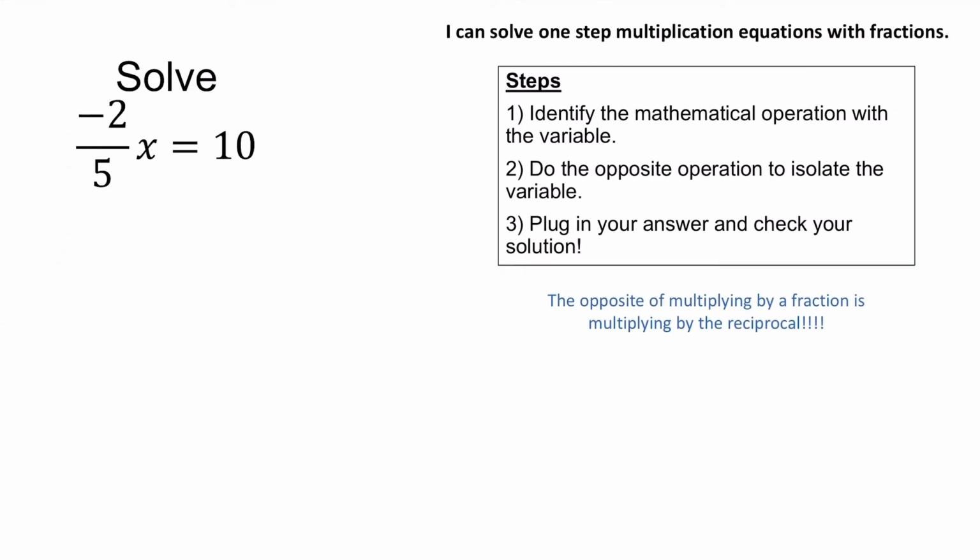So now let's try solving -2 over 5x equals 10. So we're going to find the reciprocal of -2 over 5, that's -5 over 2. And we're going to multiply that on both sides of our equation.